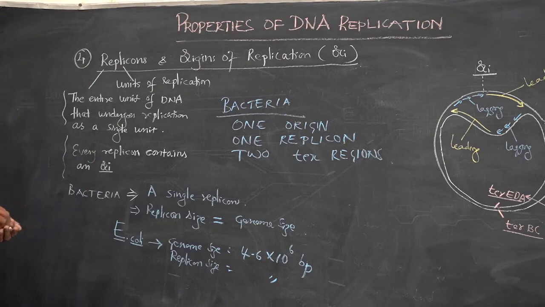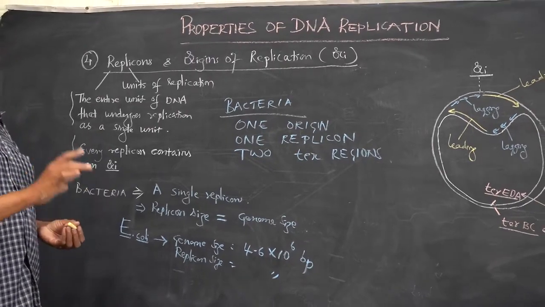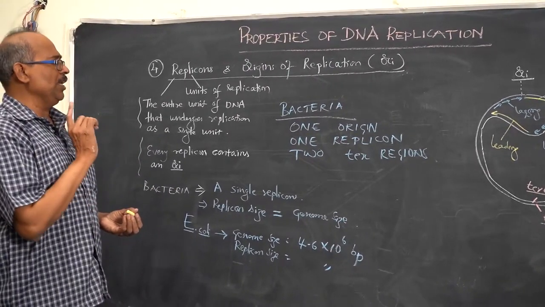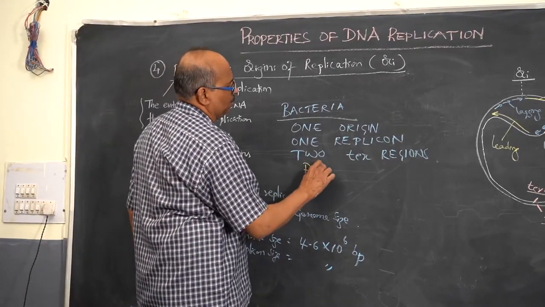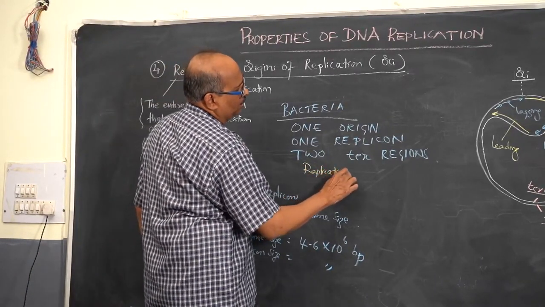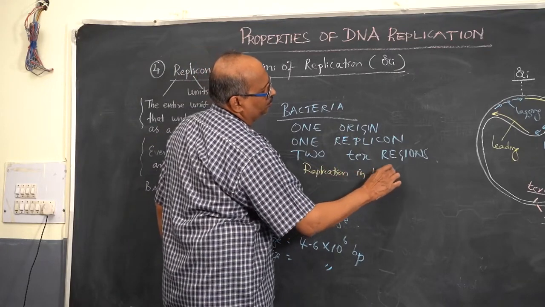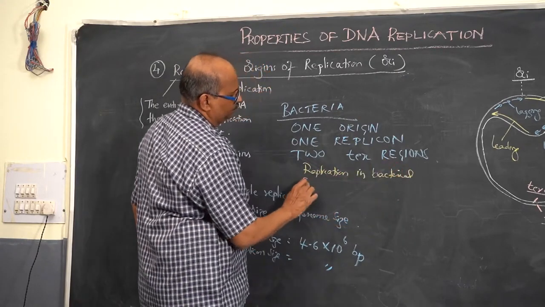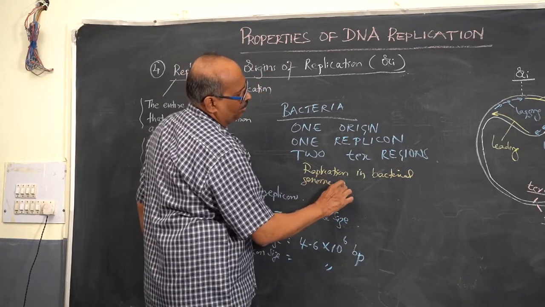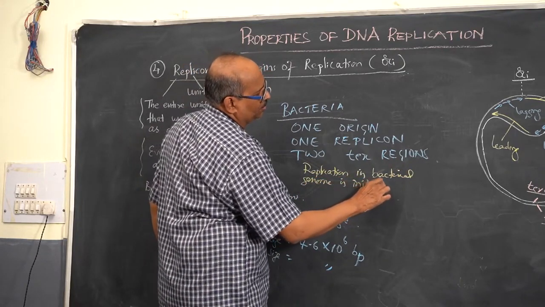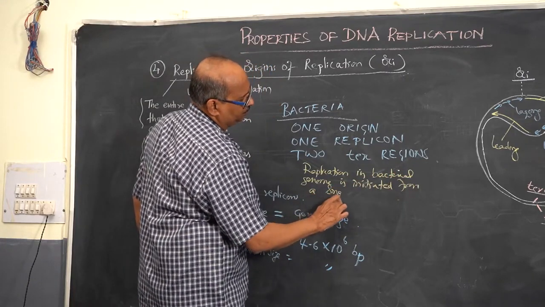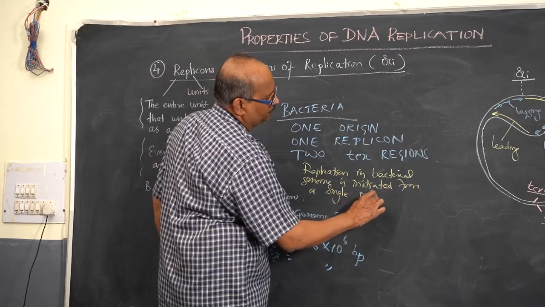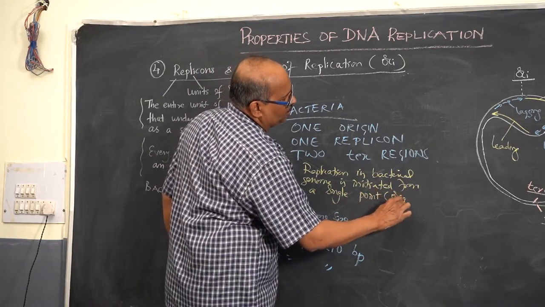Another important thing when it comes to bacteria is that when replication is initiated, it is initiated always at one position because there is only one origin. So replication in the bacterial genome is initiated from a single point, as there is only one origin.